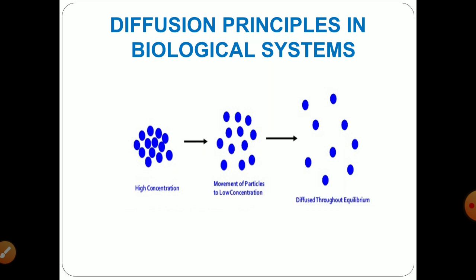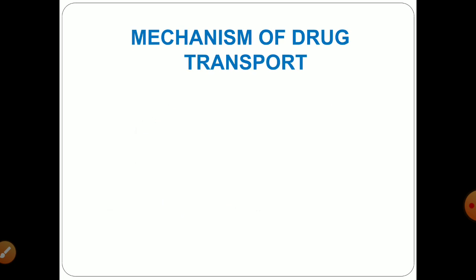The movement takes place until it reaches equilibrium. Once the concentration outside the permeable membrane and inside the permeable membrane becomes equivalent, the process of diffusion will stop.